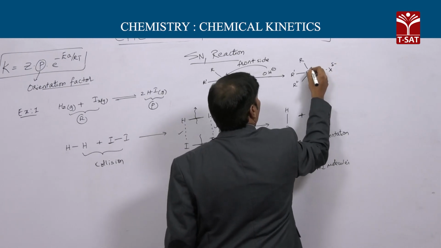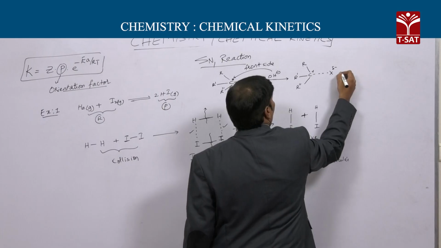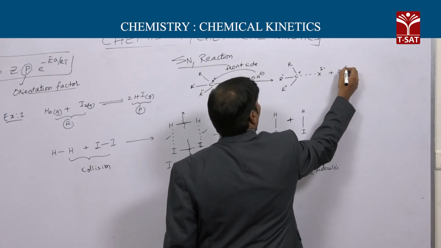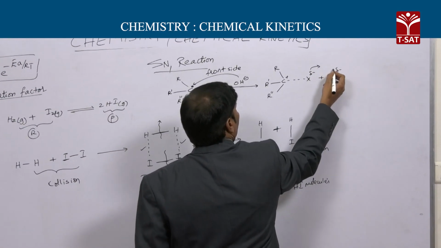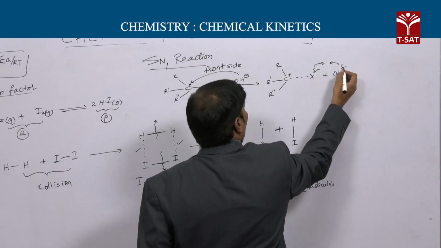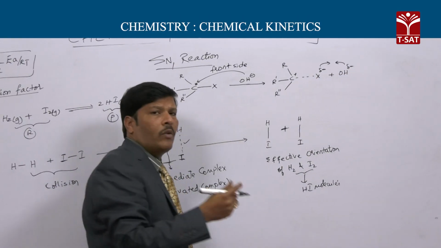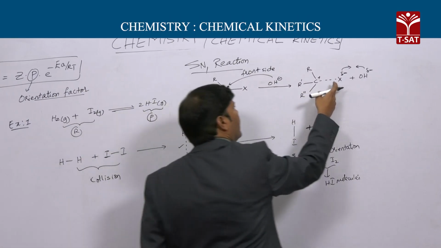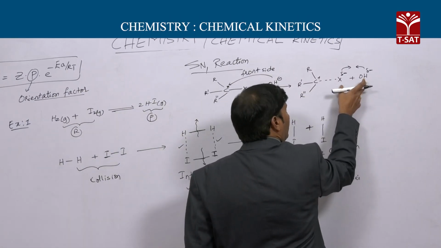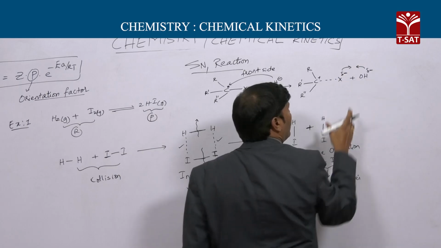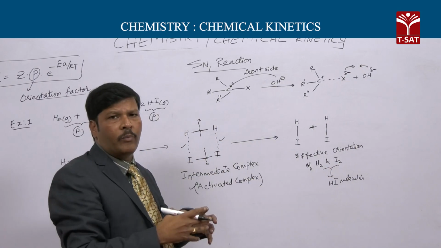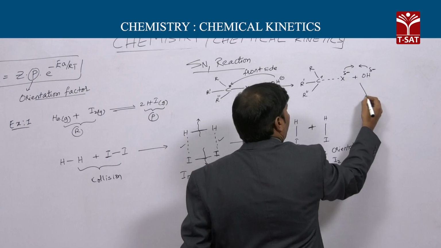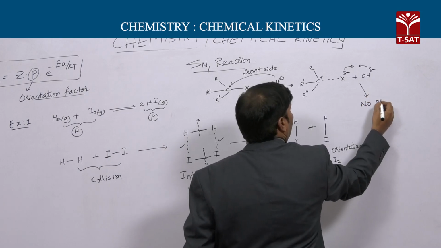This is minus, this is plus, and here also this is OH minus. Certain amount of repulsion takes place because the outgoing halide ion also is a sort of nucleophile only, a better leaving group. So therefore, the halide ion and the incoming nucleophile OH minus both try to undergo certain kinds of unwanted repulsions. So therefore, ultimately no products are formed.